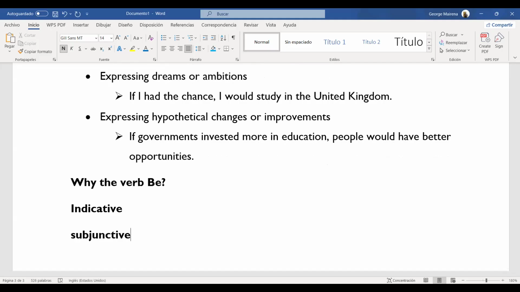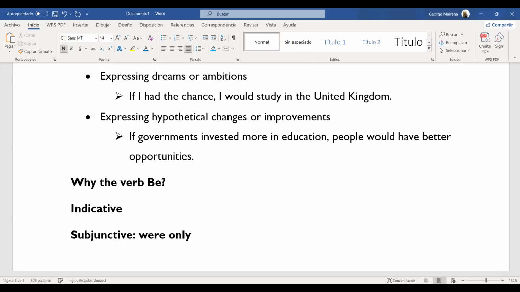Folks, so remember that the verb be can work in the indicative mode. When we use the indicative mode, we use was and were. As you already know, was is with I and the third person singular, and were with the third person plural. That is the indicative mode. But when we have the subjunctive, we are going to use were only, as you said.